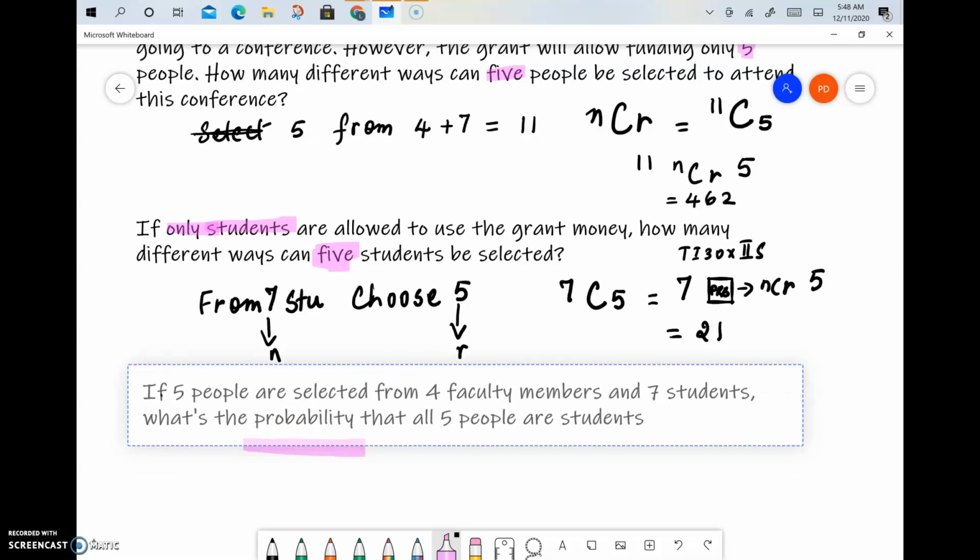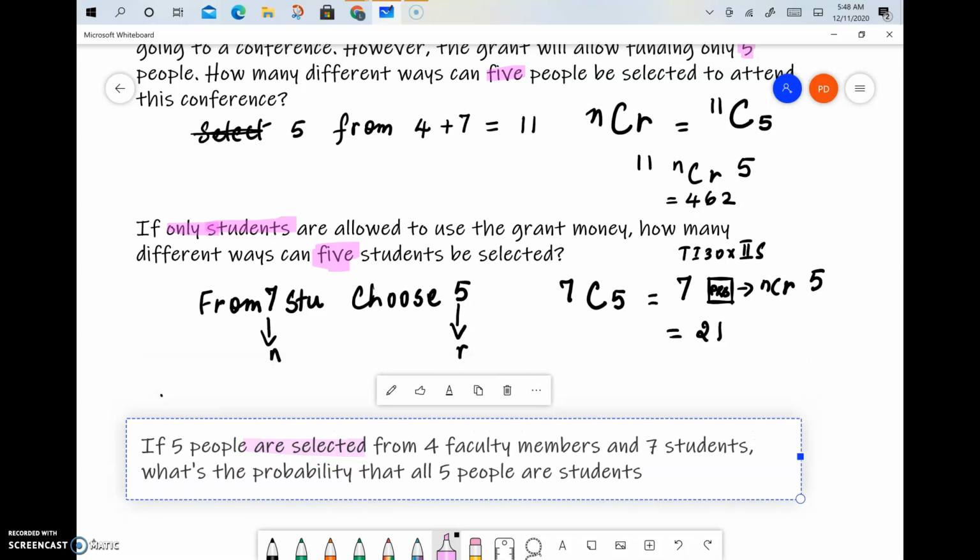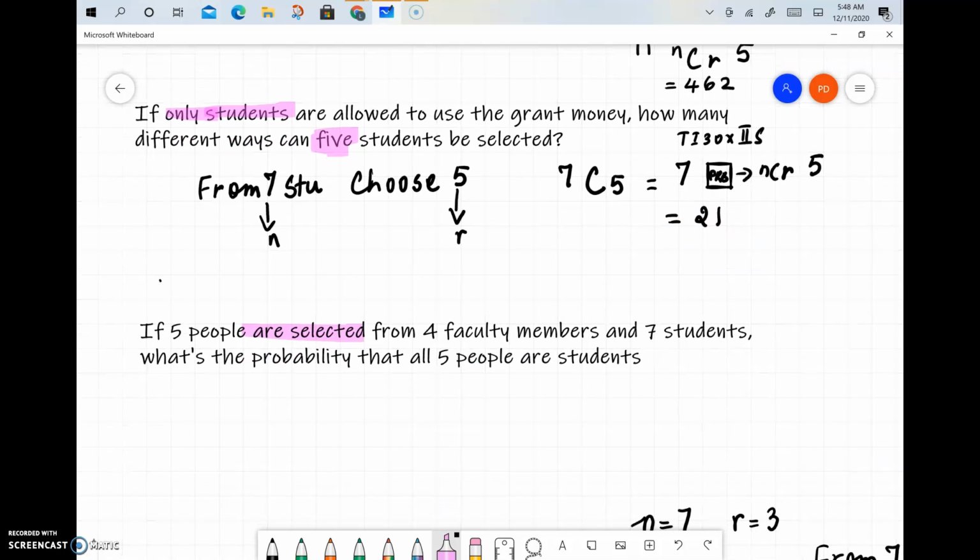So now here we need to think about the number of ways in which we can select 5 people without restriction. And we've seen from the first part, so without restriction, we can go 11 choose 5, because there are 7 students, 4 faculty members, 7 plus 4 is 11, choose 5.